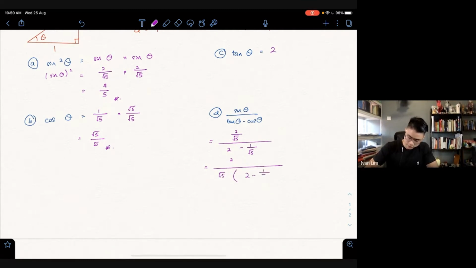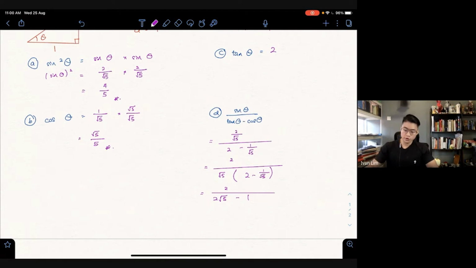This is going back to your basics of fractions, how to calculate A over B over C over D. So we multiply the bracket inside: 2 root 5, then root 5 over root 5 will be equals to 1. That's how they get 2 over 2 root 5 minus 1.